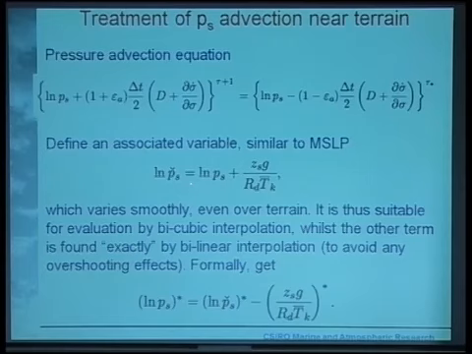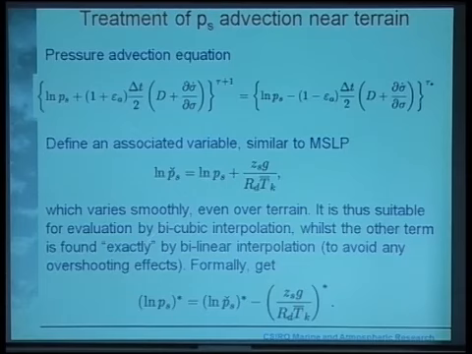So if we define an associated variable here, it's a bit like the log of surface MSL pressure. You can put in the contribution of the topography ZS with some reference temperature, and this quantity now varies quite smoothly even over terrain.